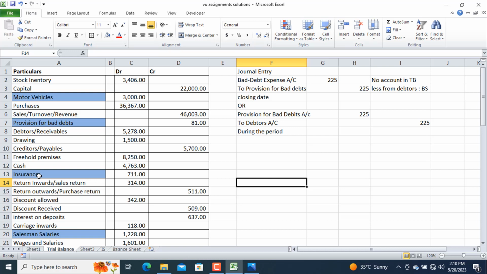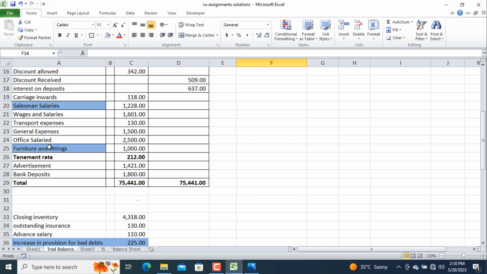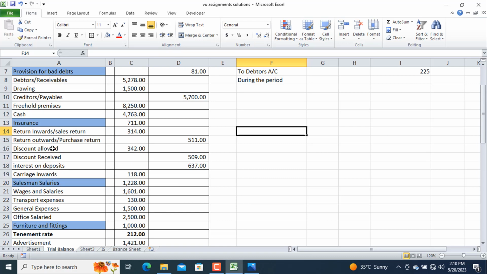So we make adjustment here, and there is furniture and fittings and depreciation, and provision for bad debts is also there. So these are the accounts that we are going to adjust, and some are added by us to make the adjusted trial balance. So let's move to the solution.